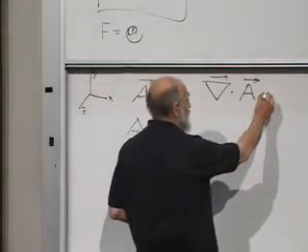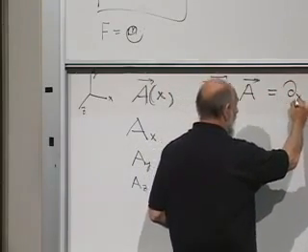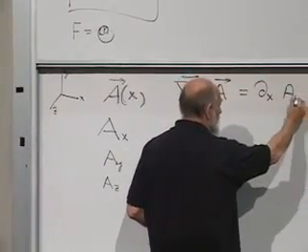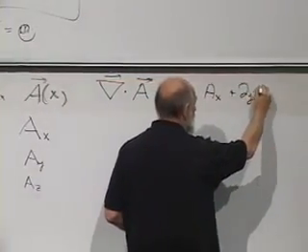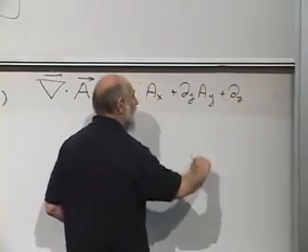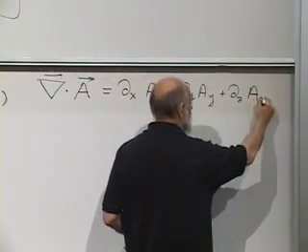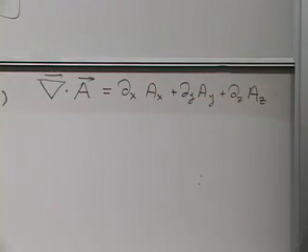And this is by definition the derivative with respect to x of the x component of A plus the derivative with respect to y of the y component of A plus the derivative with respect to z of the z component of A. Okay. That's a definition.